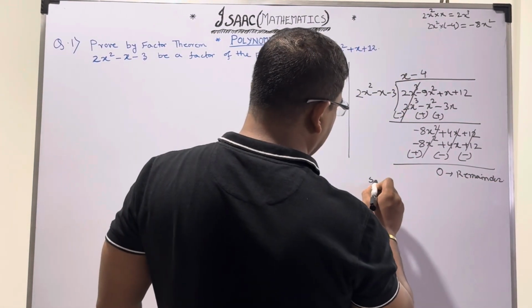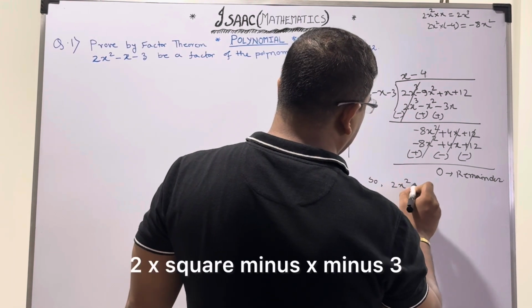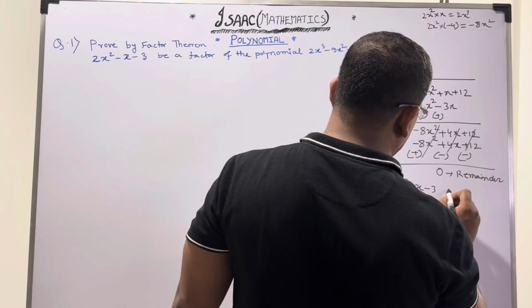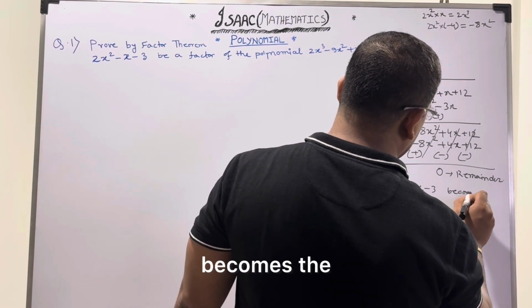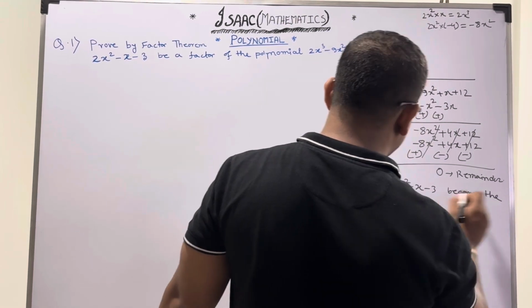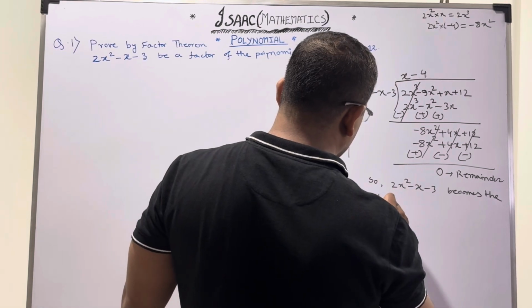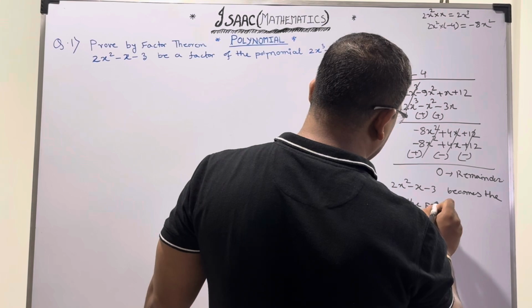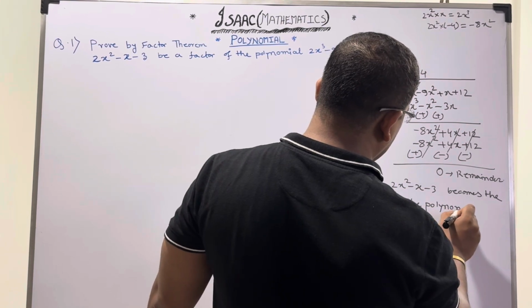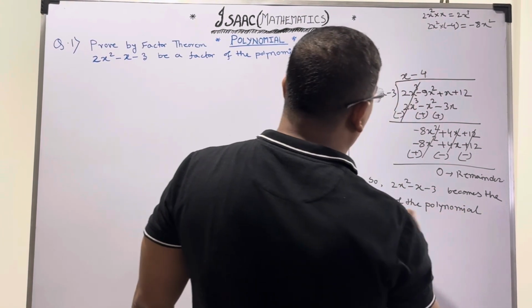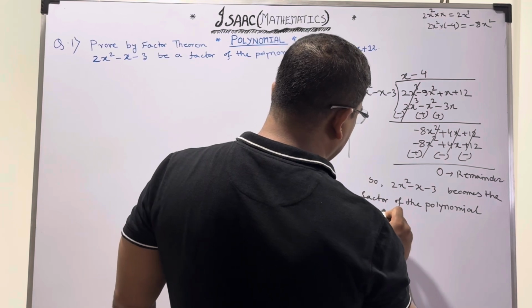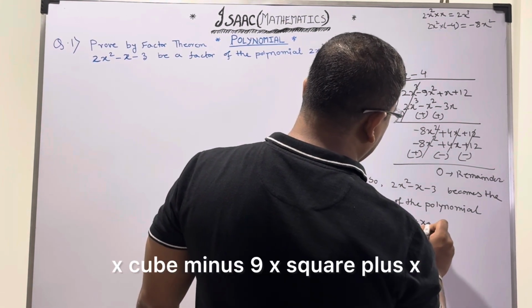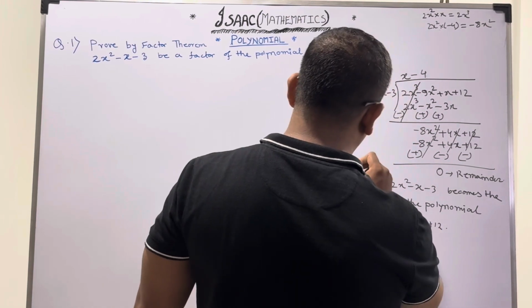So 2x square minus x minus 3 becomes a factor of the polynomial 2x cube minus 9x square plus x plus 12.